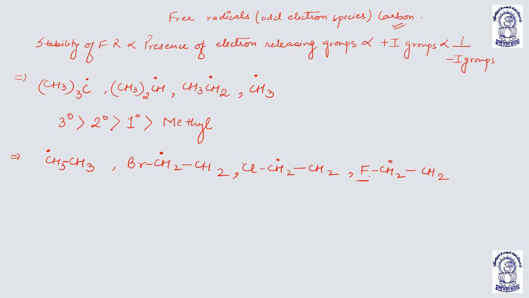Here you can see the electron withdrawing group is directly attached to the carbon which is in the free radical state. It is more electronegative, it is less electronegative, it is least electronegative, and lastly the most electron donating group. So this is the electron releasing group. It will donate electrons, so this will be maximum stabilized here. So it is mentioned that electron releasing groups increase the stability, and electron withdrawing groups decrease the stability.